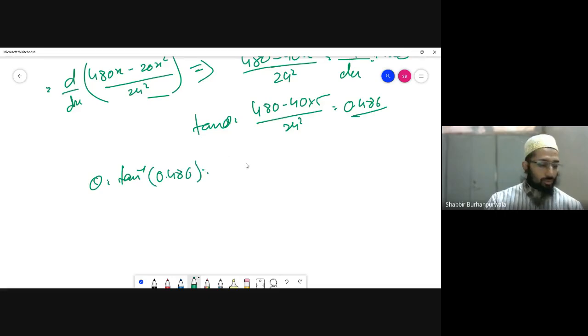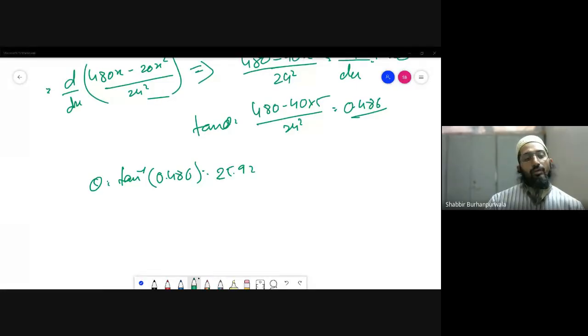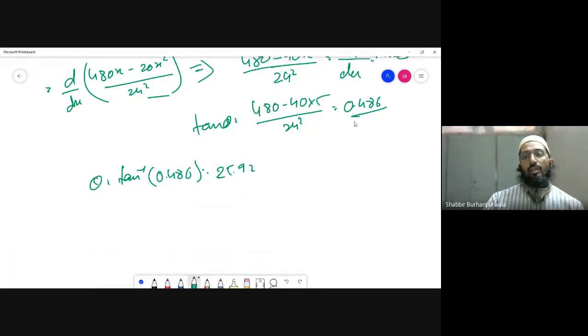That is equal to how much? 25.92. Now depending on how much you are rounding it off, or using it as an answer in your equation, the accuracy of your results can vary. So I have the value of theta as 25.92.